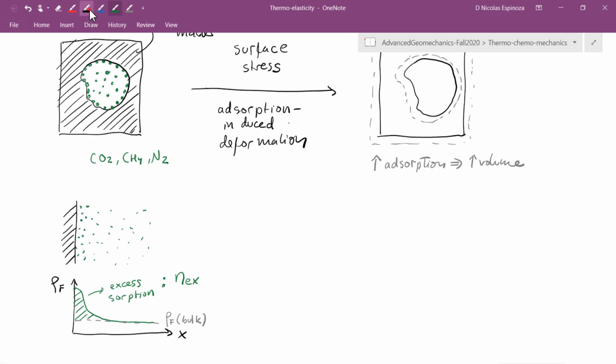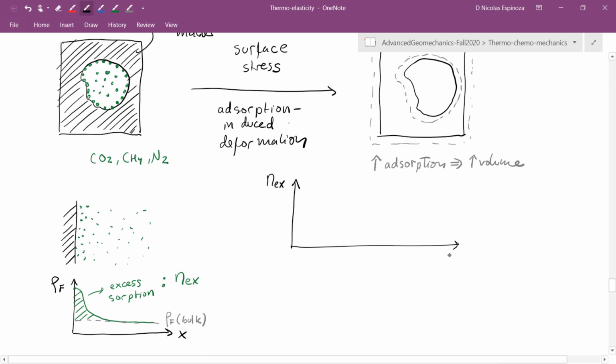And if you do measurements of this excess sorption, what you tend to see is that the amount of excess sorption is a function of the pressure of the fluid. The higher the pressure of the fluid, the higher the sorption amount, and it's a nonlinear relationship where the excess sorption depends through the Langmuir parameters NL and PL, which are fitting parameters, and it is proportional to pressure.